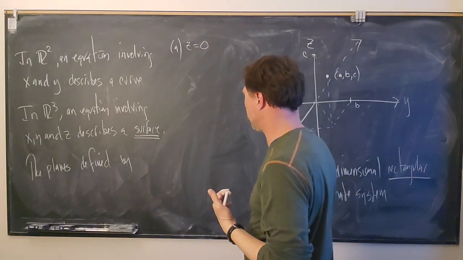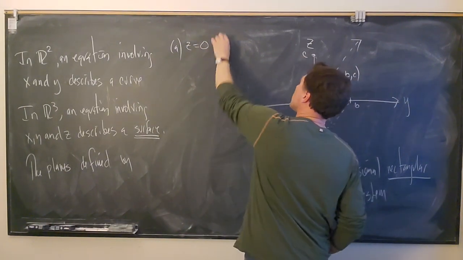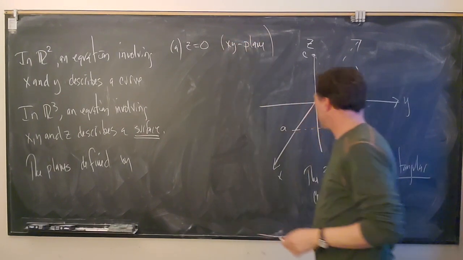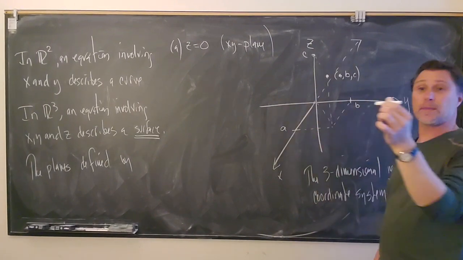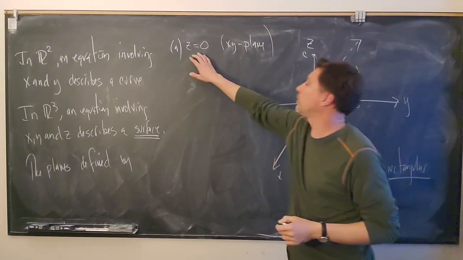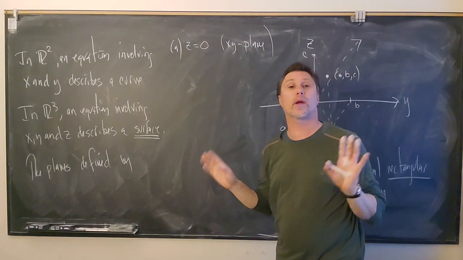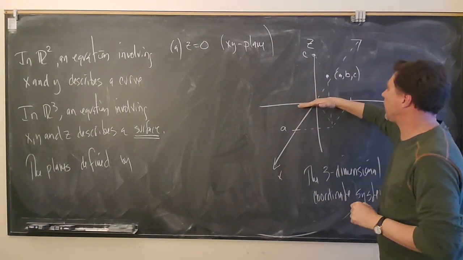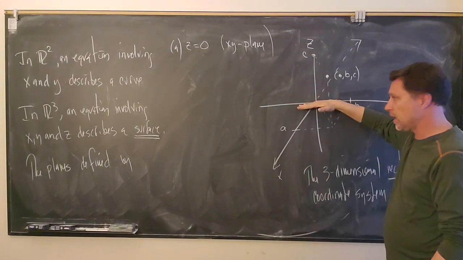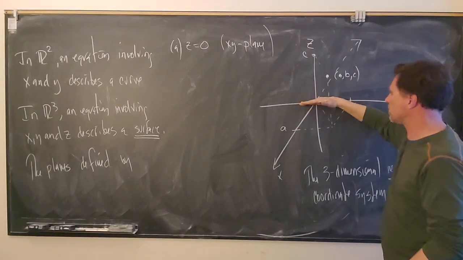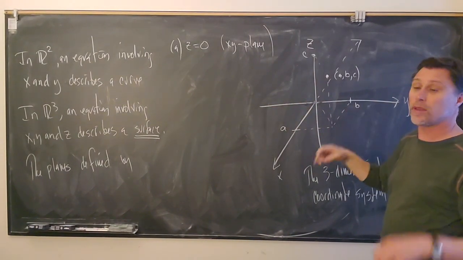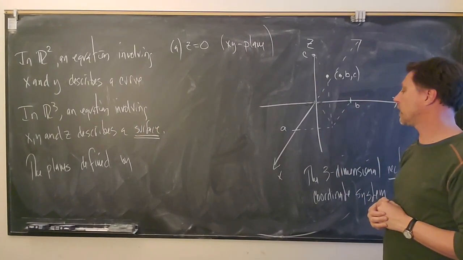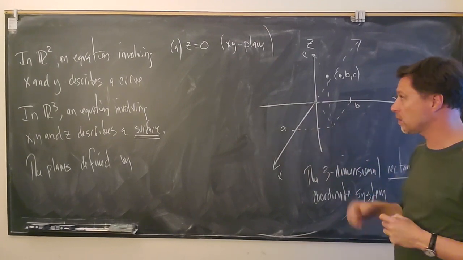This is called a coordinate plane, and this one is known as the xy plane. Remember, you're supposed to think of the x-axis as coming out of the board. If we take the equation z equals 0, what we're saying is we don't care what x is, we don't care what y is, but we are forcing z to be 0. And so what you get is the plane that would be slicing right out of the board horizontally, where the x-coordinate and the y-coordinate can be whatever they want, but the z-coordinate has to be 0. So this is known as the xy plane. It's the plane that contains the x-axis and the y-axis.